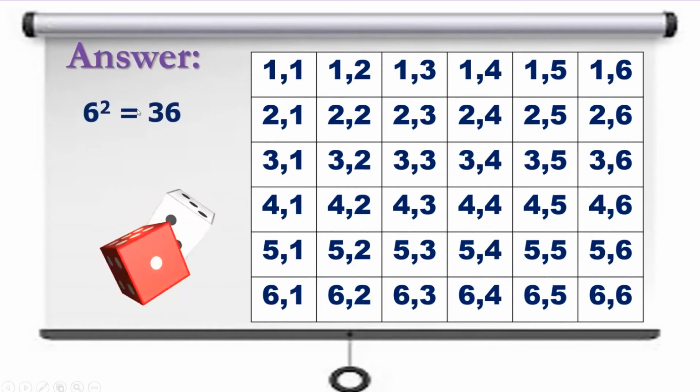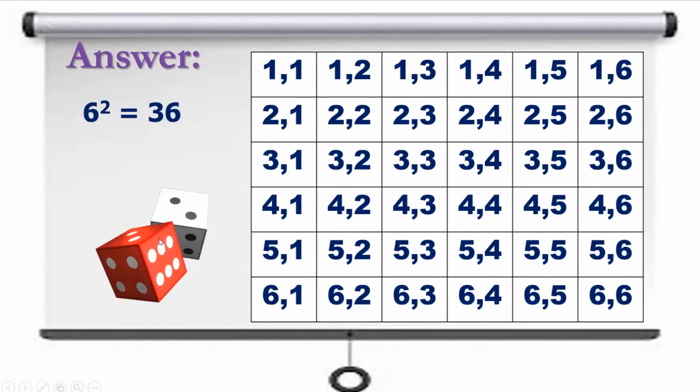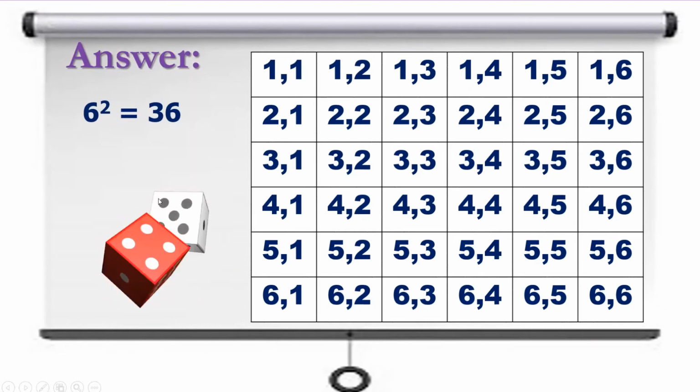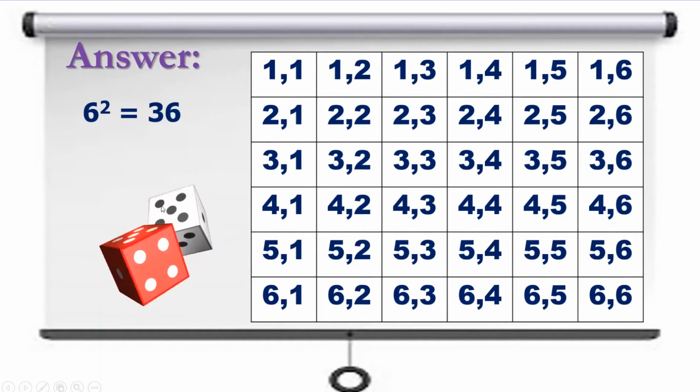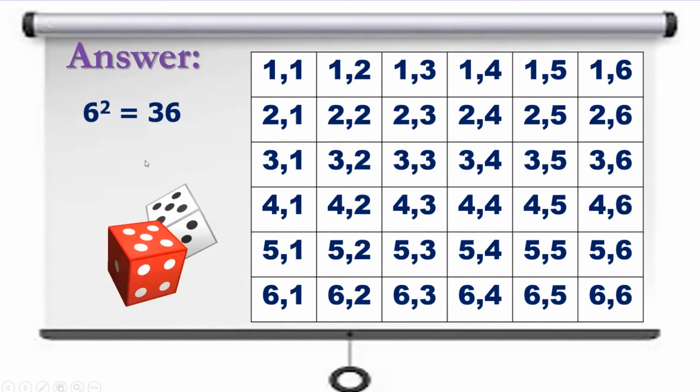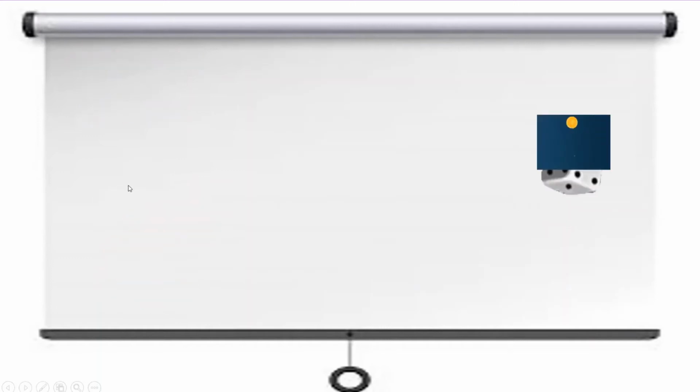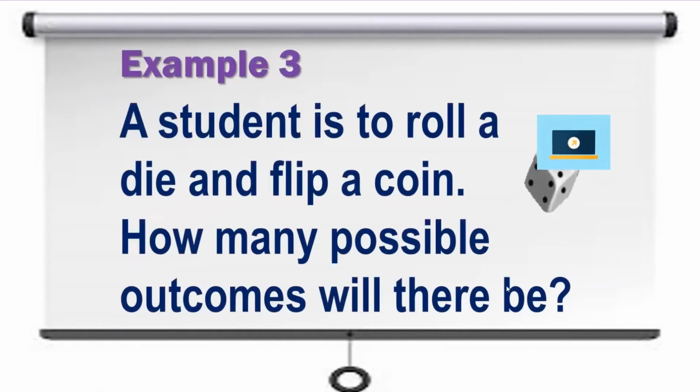So, 6 squared, 36. 6, because there are 6 faces, 6 numbers in a cube. 2 because there are 2 dice, 2 dice or cubes given in the problem. So I hope it's clear because it's easy to solve.